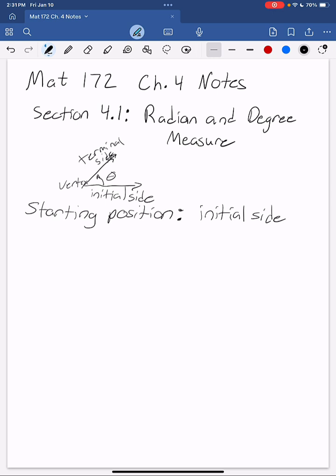Okay. Then after the rotation, so we make some kind of rotation to it. So after the rotation, that is called the terminal side now.